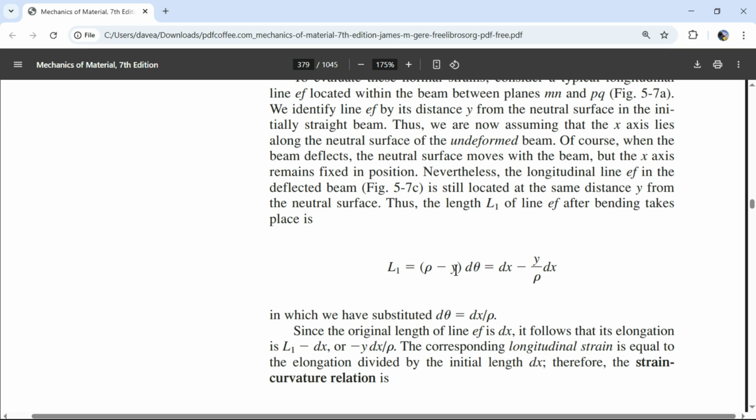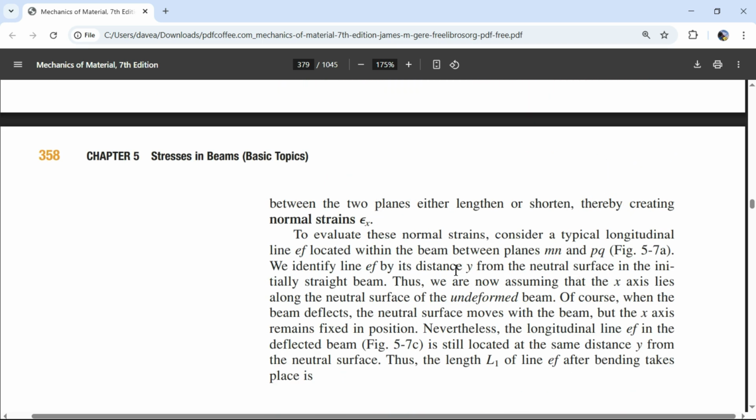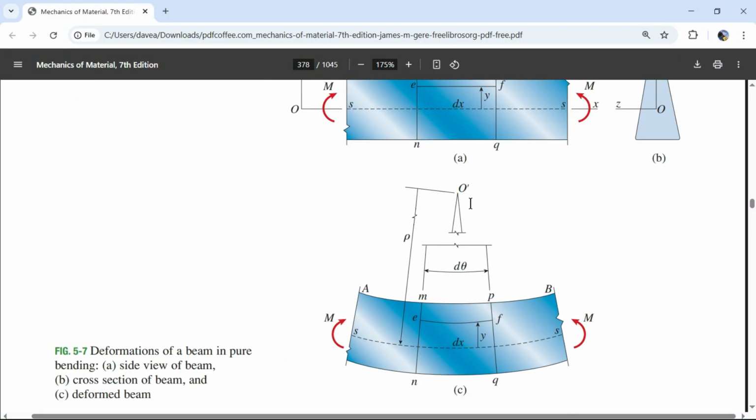So rho minus y is just the radius at any point along here. So if I was halfway, the radius halfway is just rho divided by 2, and that's going to give me half the distance. But if I have to start with this variable rho, I got to go rho minus rho divided by 2 to get that length. So yeah, rho minus y.